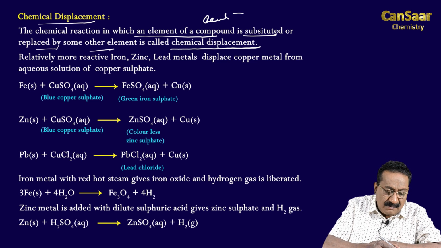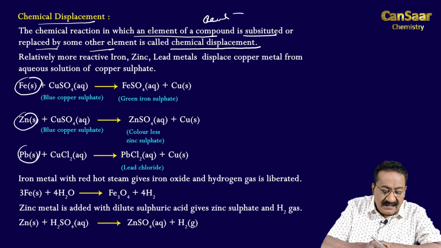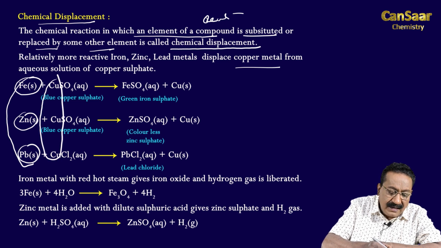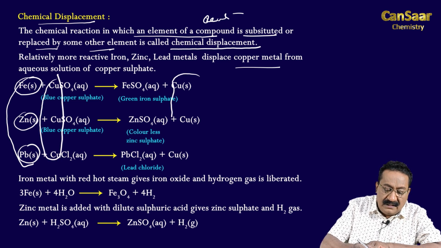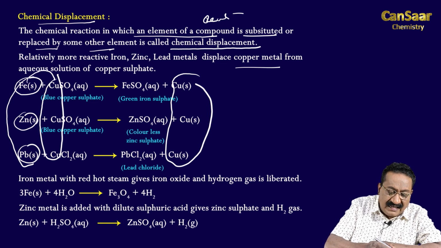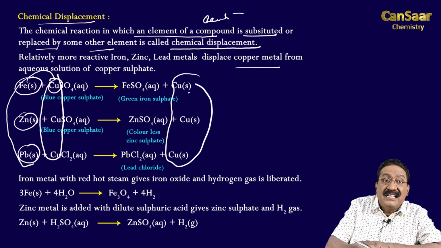Here metals like iron, zinc, lead are more reactive than copper metal. Hence, these metals displace copper metal. Cu is out and Fe is in, displaced.